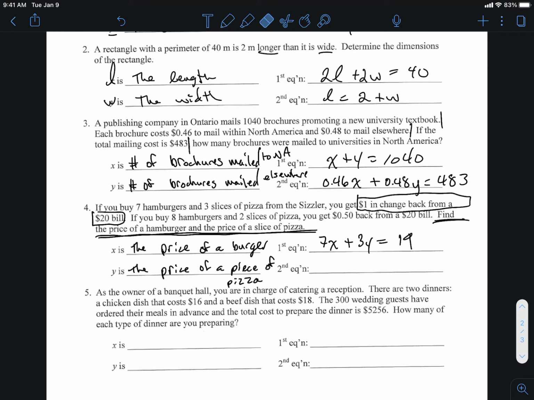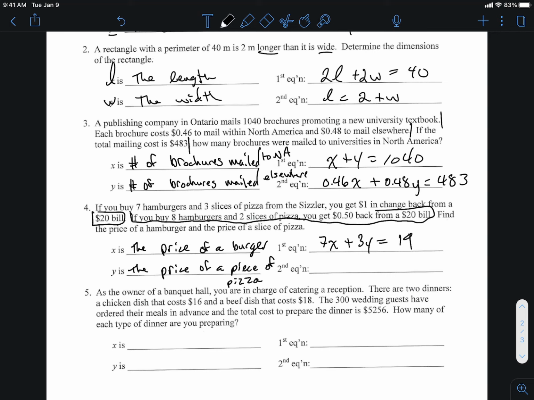And then in the second scenario, I'll clean this up a little bit. The second scenario, you're going to buy 8 hamburgers and 2 slices of pizza, and you get 50 cents back for a $20 bill. Okay? So 8x plus 2y is equal to 19.50. Okay?